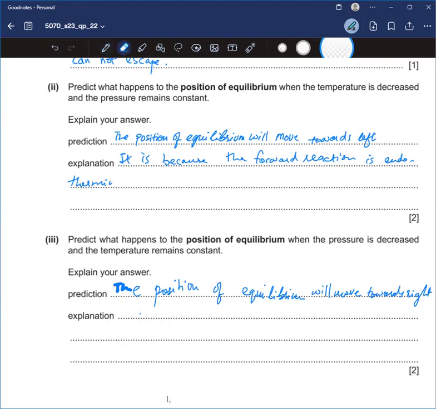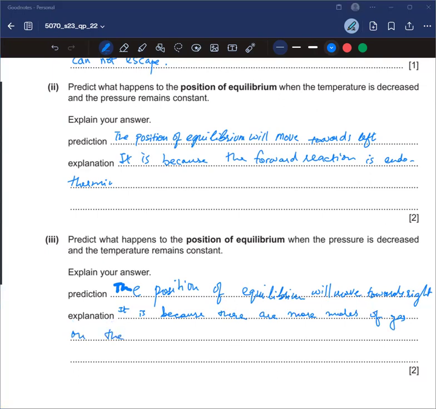Sorry for this. It is because there are more moles of gas on the right. Sorry, right. Yeah, right.